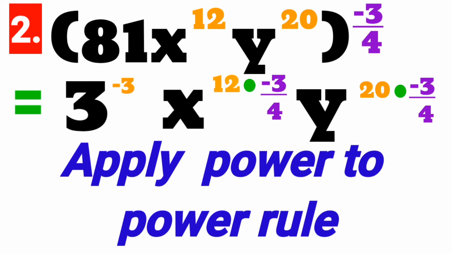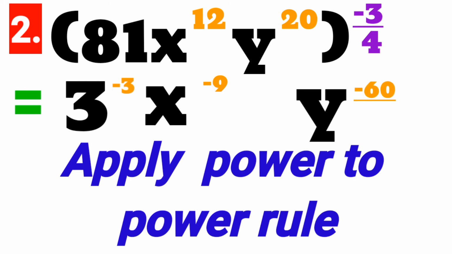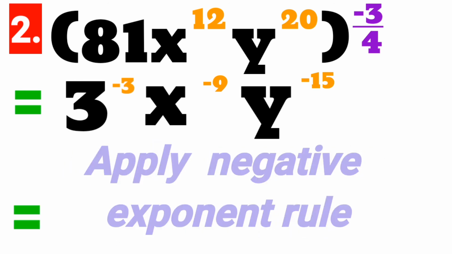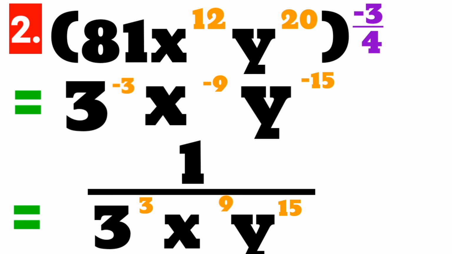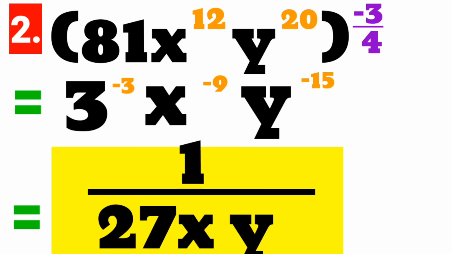Then 12 times negative 3 equals negative 36, divided by 4 equals negative 9. And then 20 times negative 3 is equal to negative 60, divided by 4 is equal to negative 15. Flip it into its reciprocal to make them all positive exponents. So the final answer is 1 over 27 x to the 9th y to the 15th power.